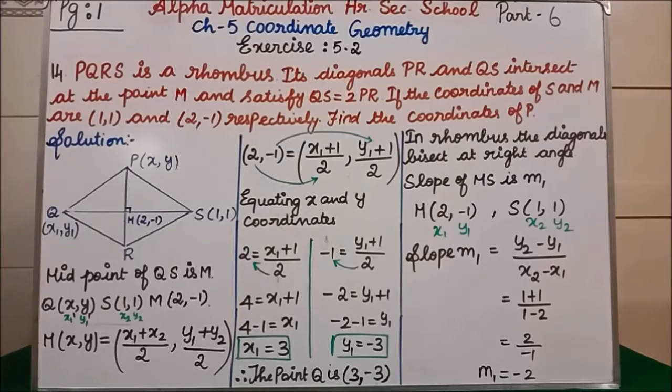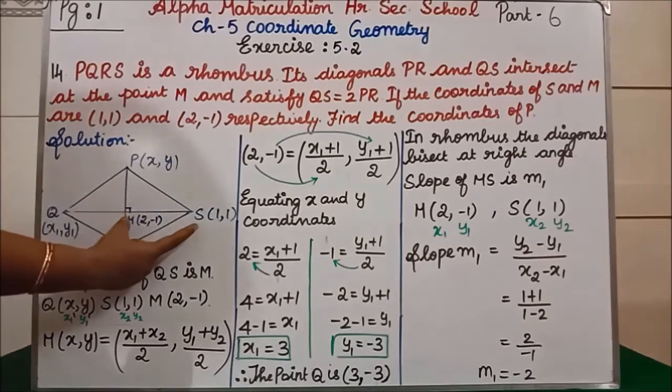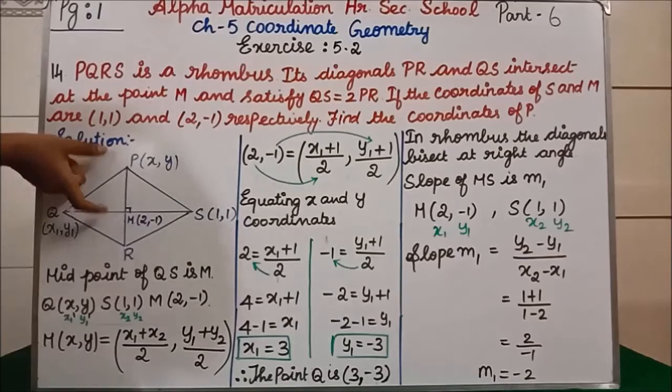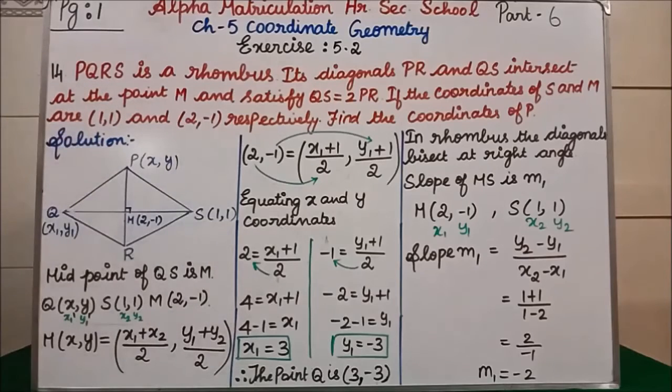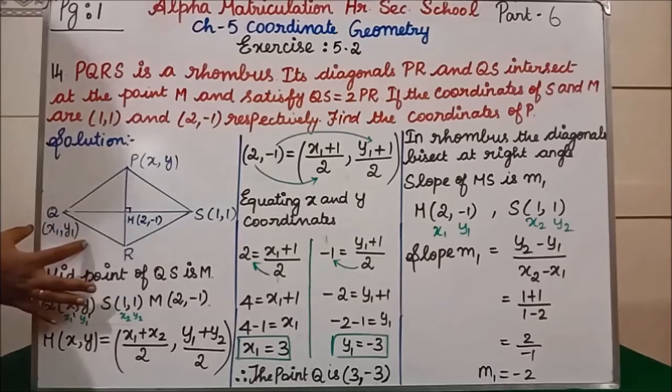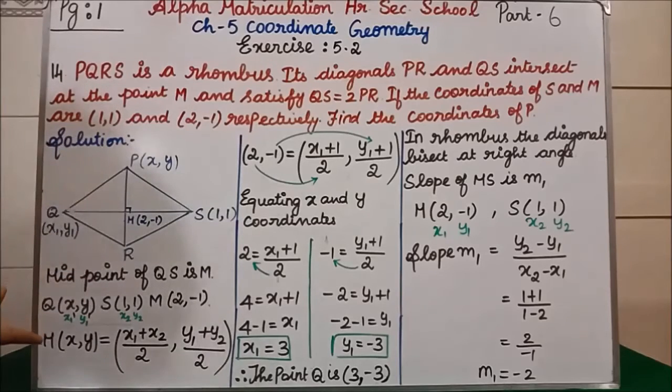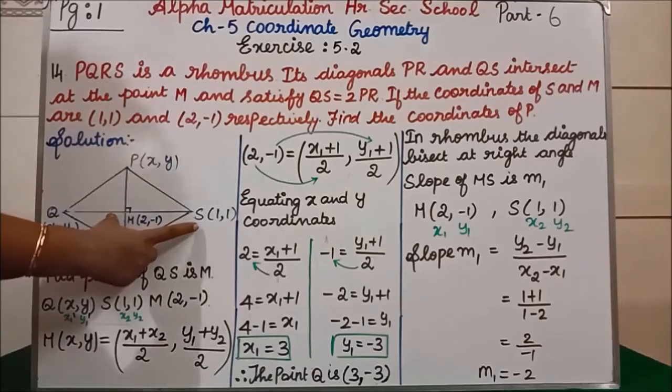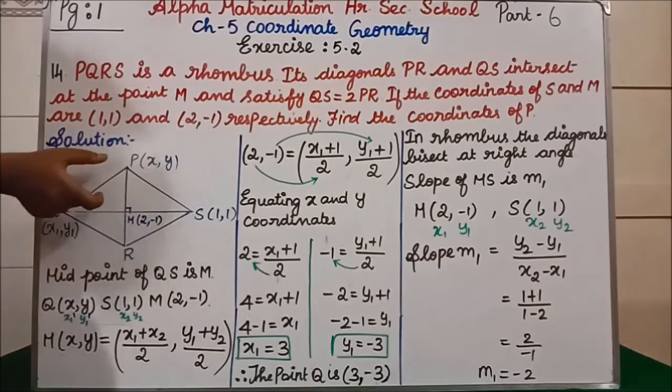M1 into M2 is equal to minus 1. Which means slope of MS into slope of PM is equal to minus 1. First, after finding the Q value, we go for the perpendicular concept, where slope of MS is M1 and slope of PM we take as M2.